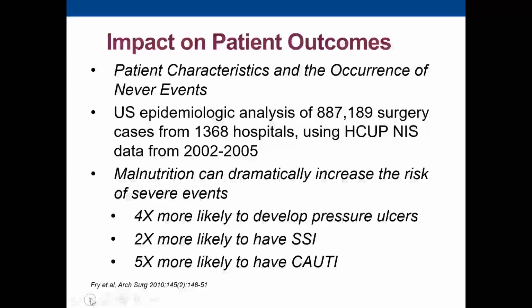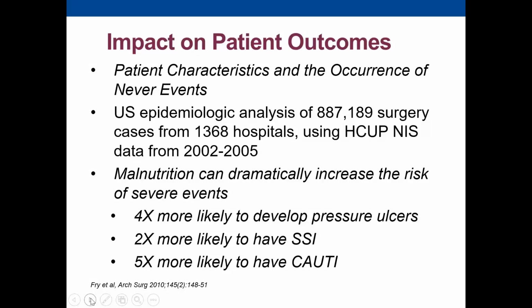I want to share just a brief bit of information on the impact of malnutrition on patient outcomes. This was a study done by Fry and colleagues in 2010, looking at the national inpatient sample, which is part of AHRQ, or the Agency for Healthcare Research and Quality. And this basically represents hospital discharges across the United States.